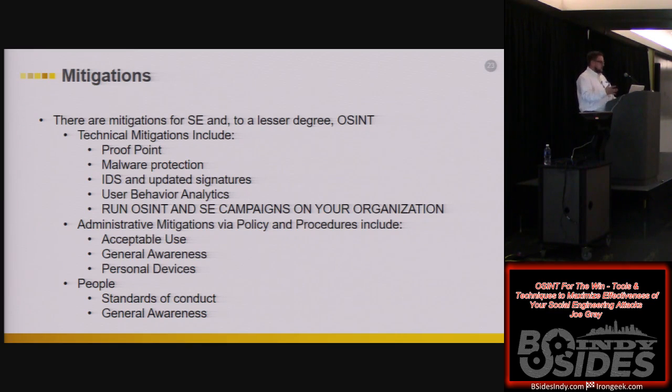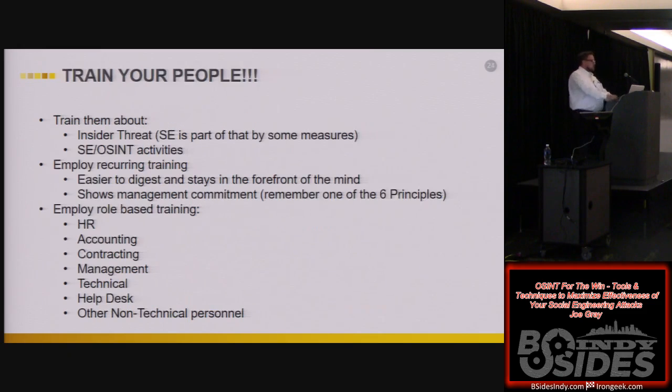But then you have your administrative mitigations as well. Having policies in place, like your acceptable use policy, awareness, dealing with personal devices. That's definitely one as well. Standards of conduct. And again, awareness. Most importantly, train your people. Training is a low-cost solution that it's not going to be 100% effective, but it's going to bring up the rear a little bit.